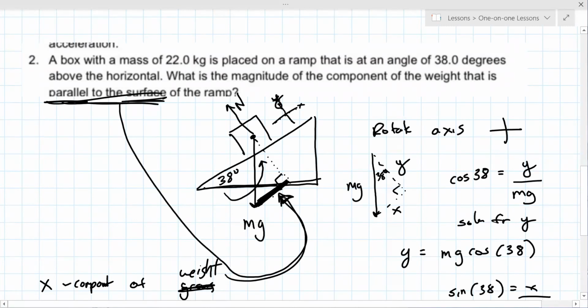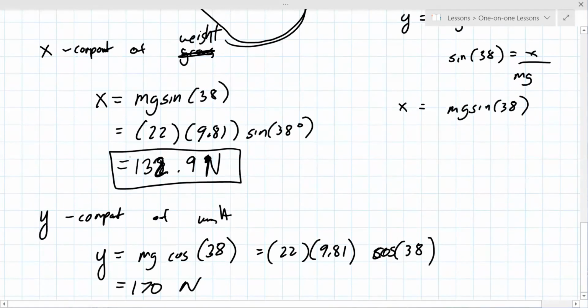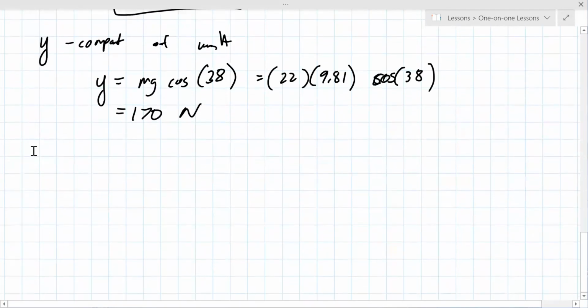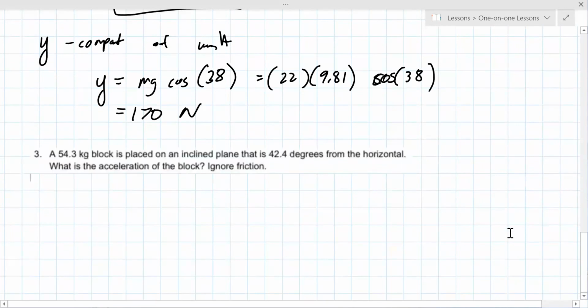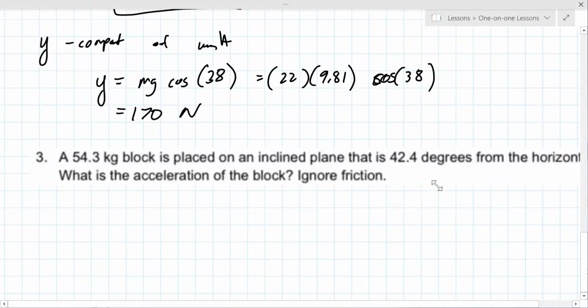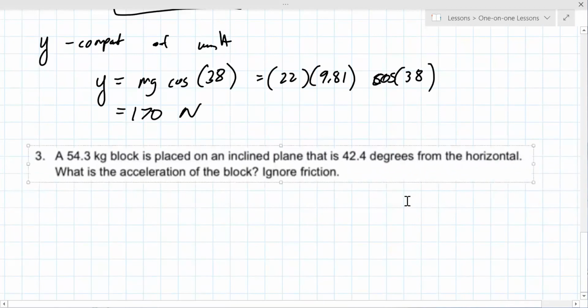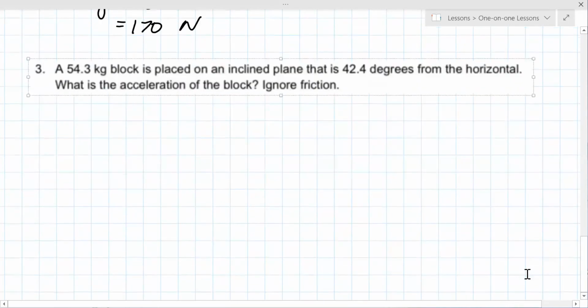So it'd be 132.9 newtons is the answer for that. Yes. And we did the y component because you're eventually going to need to do it in another problem.